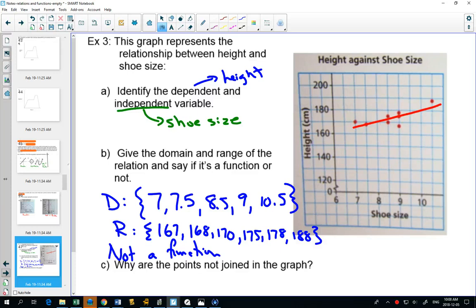Well, it's not a function, but sometimes you can take something that's not a function and estimate it with a function. But there's some reasons why we wouldn't want to draw a line in this case. Well, it might not be linear. But what's the problem if I did connect the dots, even if I just connected the first two? There's a problem with connecting those first two. 3/8. Yeah. This would say there's a shoe size in between 7 and 7.5.